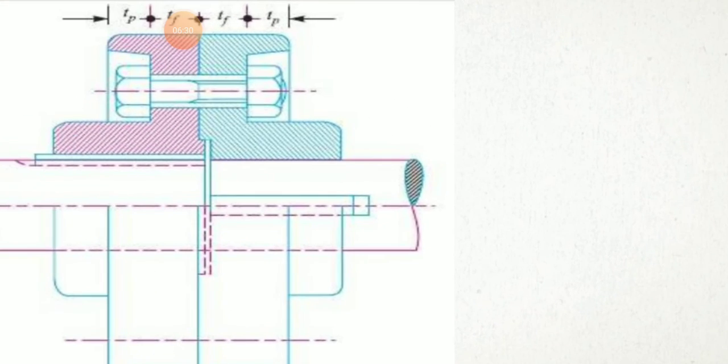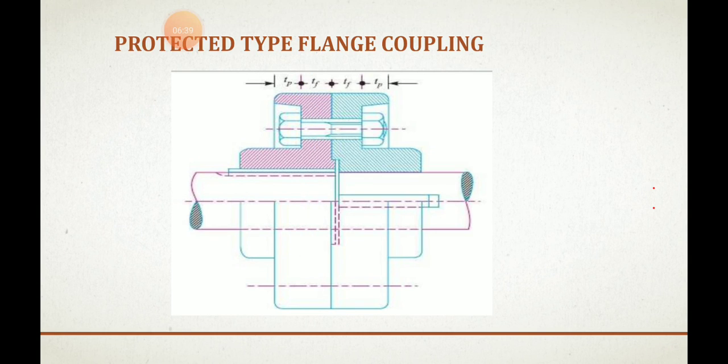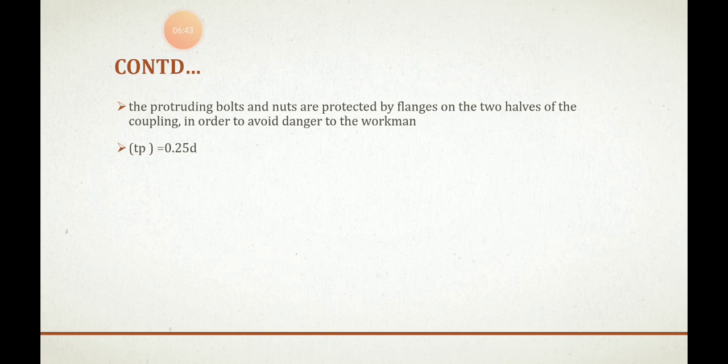This tp is what we have to calculate in the case of the protected flange coupling, and other than this the entire design will be the same. Only tp equal to 0.25 times d is the difference between the unprotected and the protected type of flange coupling. The rest of the parameters we have found out are all the same. Okay, thank you.